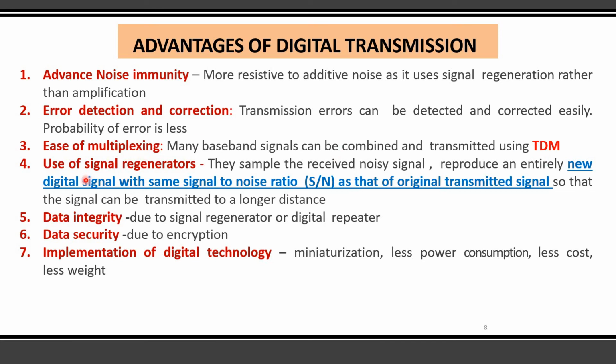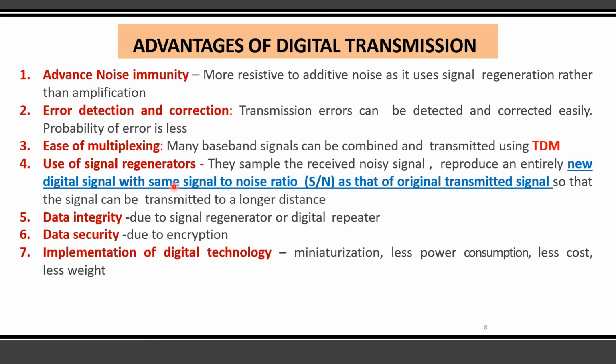The fourth point is signal regeneration, which we already mentioned. Whatever the signals may be, they are degraded at the time of transmission because of obstacles or atmospheric noise or external noise, so your signal will be corrupted. Because of that, the signal to noise ratio of the signal will be degraded.